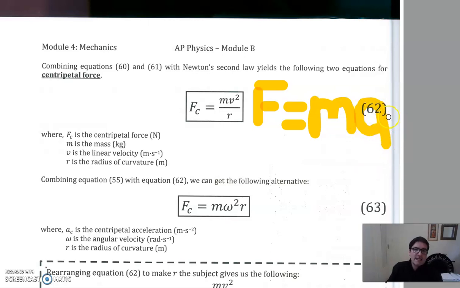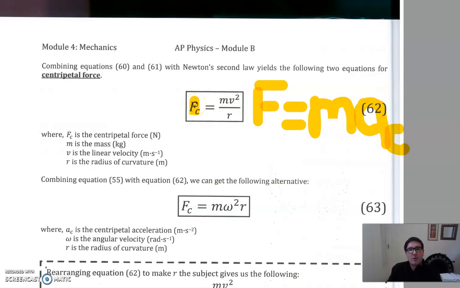Acceleration in this case is our centripetal acceleration, which is equal to our linear velocity squared divided by the radius. If we multiply that with the mass, we get what we call our centripetal force.